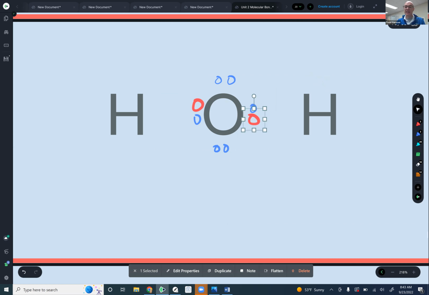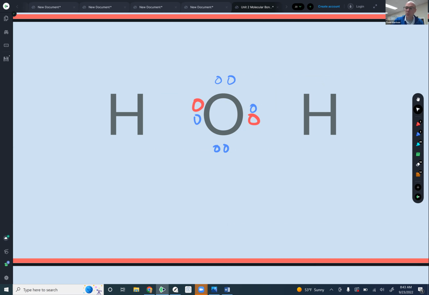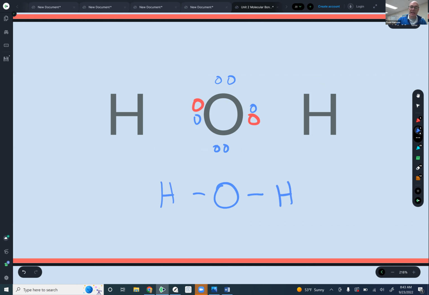Now what I have is a more accurate representation of the molecule for water. What we can do, though, is instead of drawing those dots, we're going to now draw them as dashes. Anytime there is a bond between 2 atoms, we will just simply draw that as a dash. This is a complete Lewis structure. It would be nice if you would include the extra electrons, which are not bonding, as they will play an important role whenever we start talking about their geometric shape.